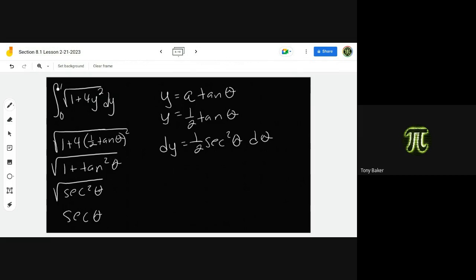All right, so let's also figure out the 0 and the 1. When y is 0, I have 0 equals 1/2 tangent theta, so 0 equals theta.